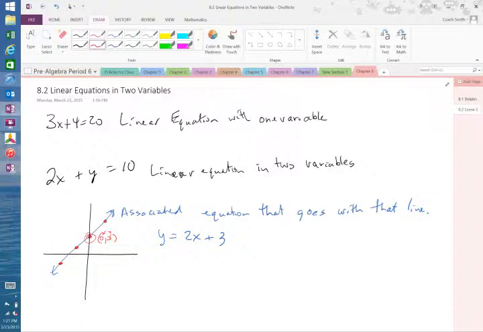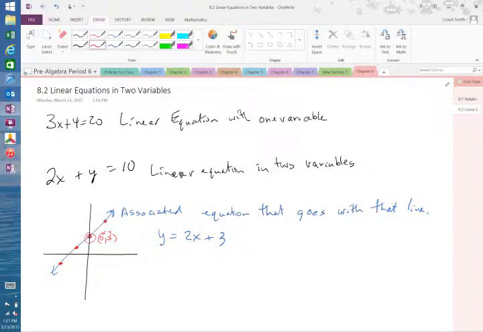So, that's what an equation with two variables looks like, and what we're going to do with it. They're going to take you through a step-by-step process: here's a two-variable equation, here's one way to find solutions for it, then here's another way, and then here's the final way.